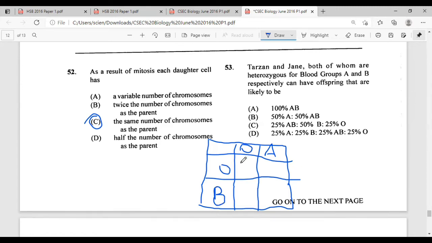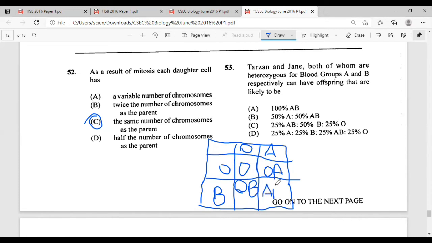O times O gives us O. You don't have to put 2O when you're crossing O. O times A gives you OA. O times B gives you OB. And then B times A gives you AB.